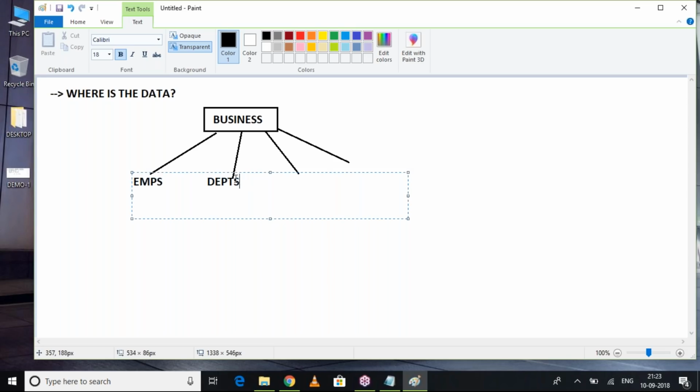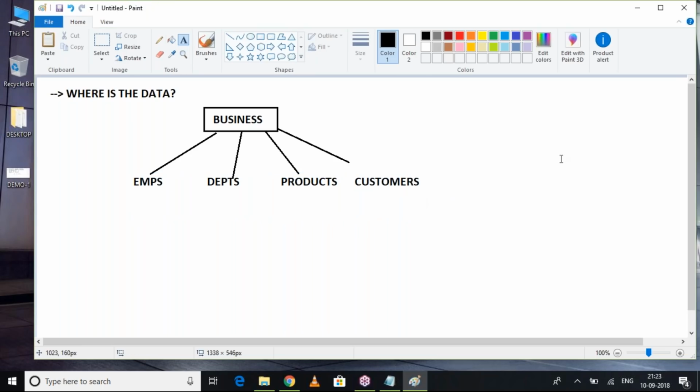Employees are organized in the form of departments. And remember, why are you starting a business? You are selling products or manufacturing products, or you are providing service to the customers. To whom are you giving these products? The products are finally sold to customers.